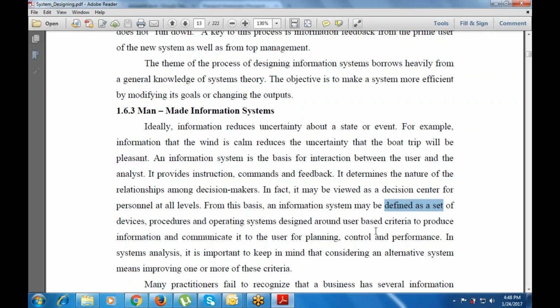In system analysis, it is important to keep in mind that considering an alternative system means improving one or more of its sections. So whenever we improve one or more sections, it is very important to keep track of each and every system. Keeping track means that any man-made information system is also considered a man-made system.